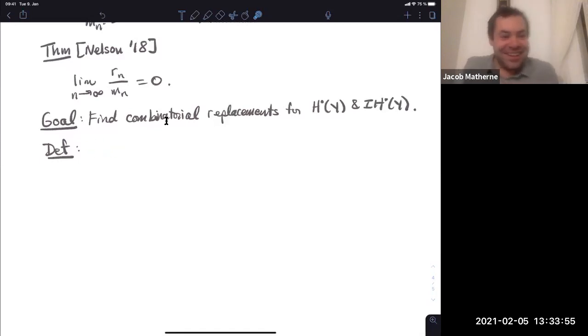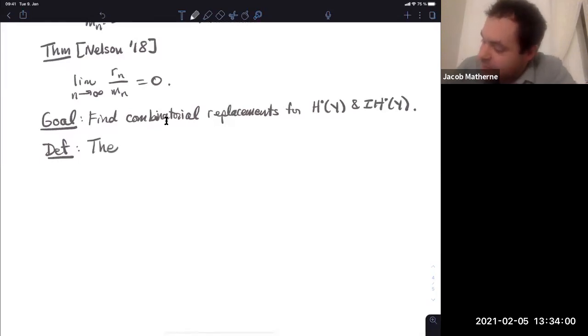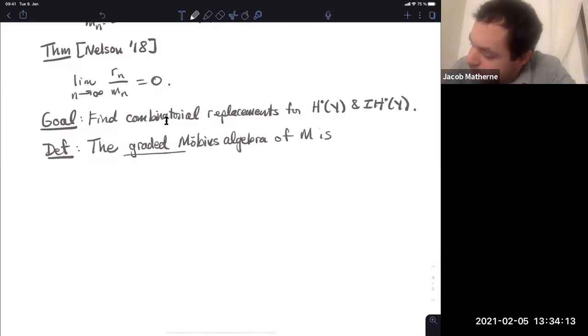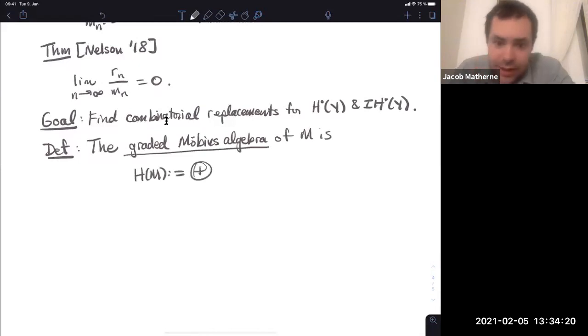Okay, so let me tell you about the combinatorial stand-in here. The graded Möbius algebra of M is, as a graded vector space, I just have a generator for each element of this poset.